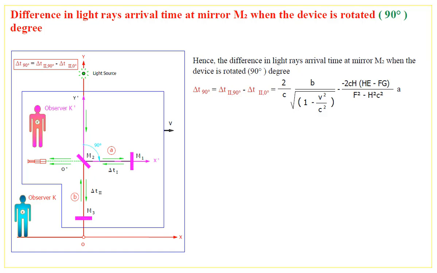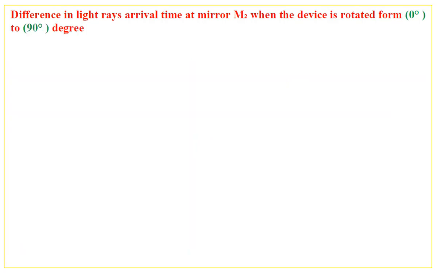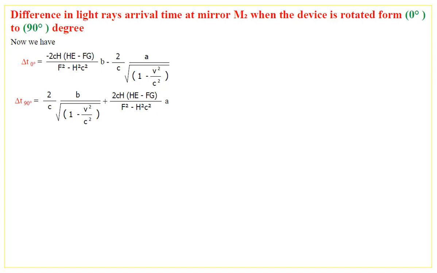Hence, the difference in light rays arrival time at mirror M2 when the device is rotated 90 degrees is delta T at 90 degrees. Difference in light rays arrival time at mirror M2 when the device is rotated from 0 degrees to 90 degrees. Now we have delta T at 0 degrees and delta T at 90 degrees.